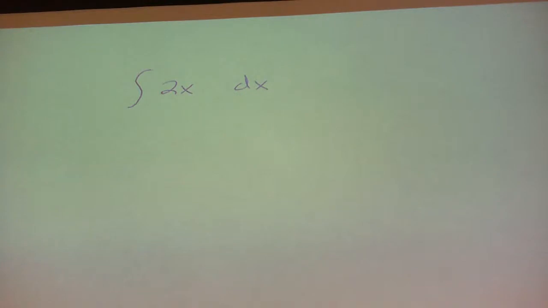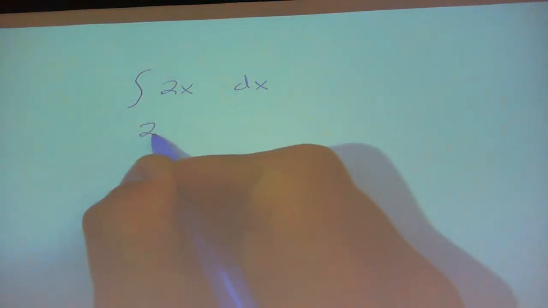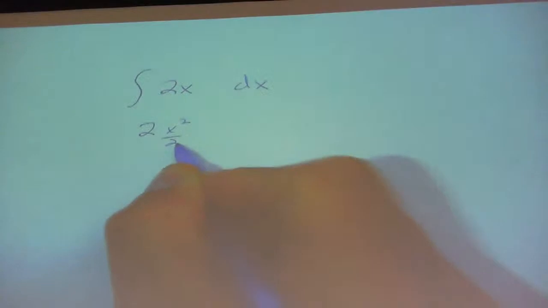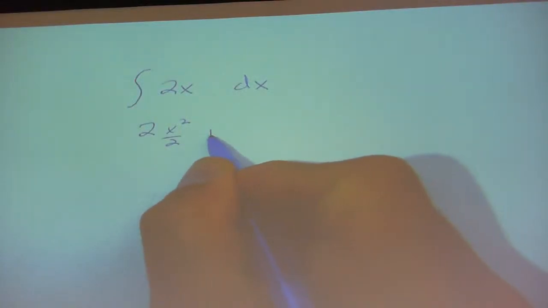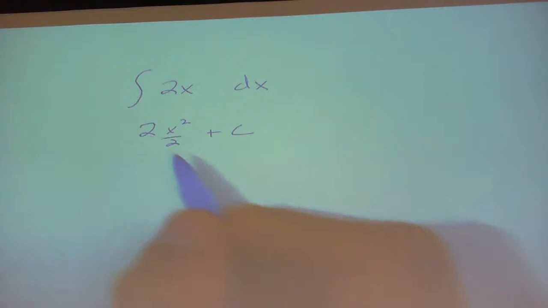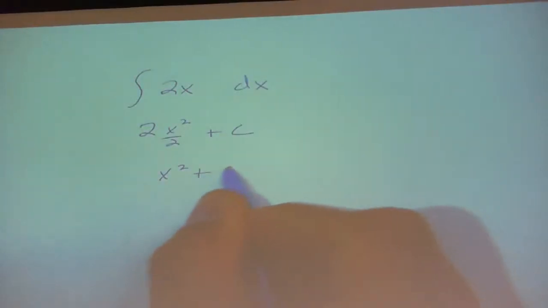So take the integral of 2x dx. The 2 stays, add 1, divide by it. Don't forget your plus c. When you simplify it, 2 divided by 2 is 1, so you're left with x squared plus c.